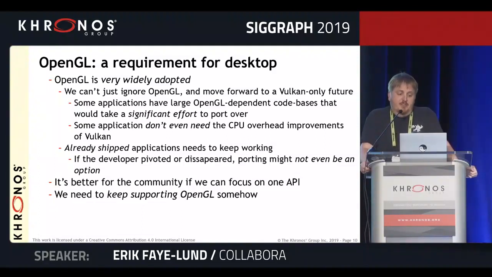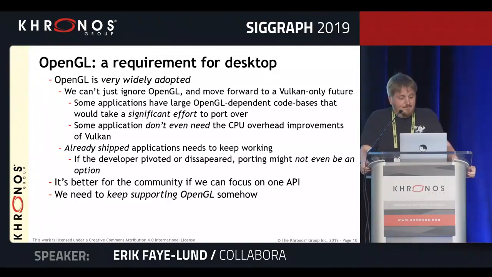Some applications will never be ported over to Vulkan. Some simply because of lack of resources. Some were already shipped a long time ago. Maybe the developers are out of business. Maybe the source code is no longer available. That kind of problems. And some just don't really need the benefit of the decreased CPU overhead.